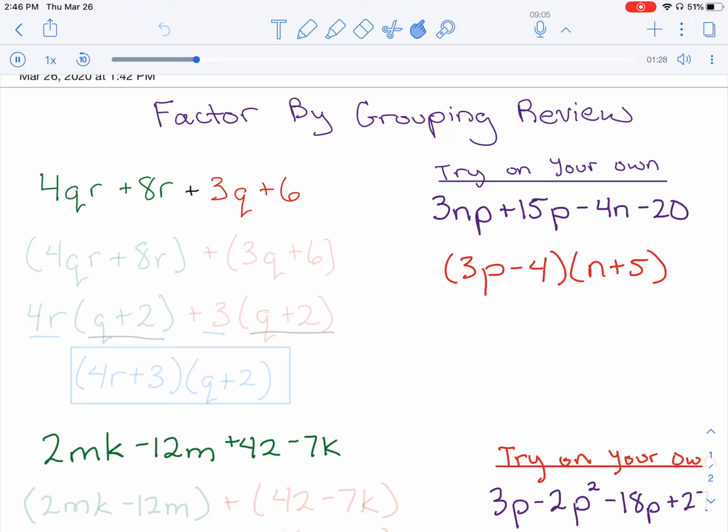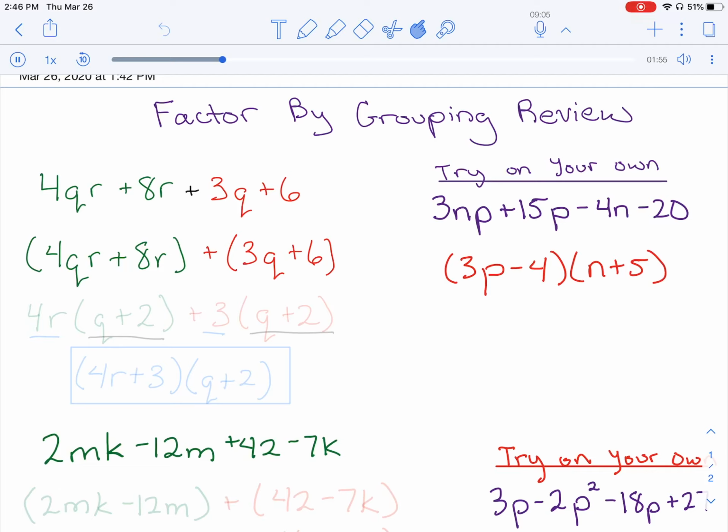So let me write that out. So I'm going to place parentheses around 4QR plus 8R, and then I have plus 3Q plus 6. Now I have 2 binomials, and what I'm going to do is pull out the greatest common factor out of both of those binomials.